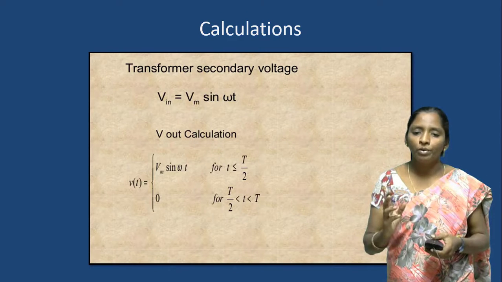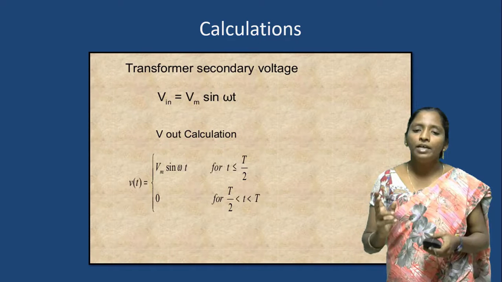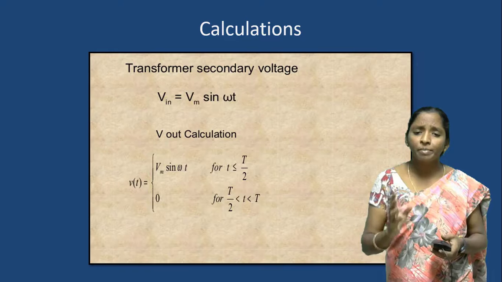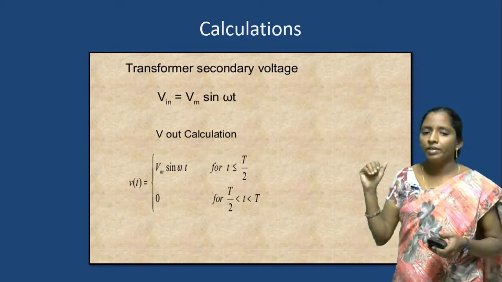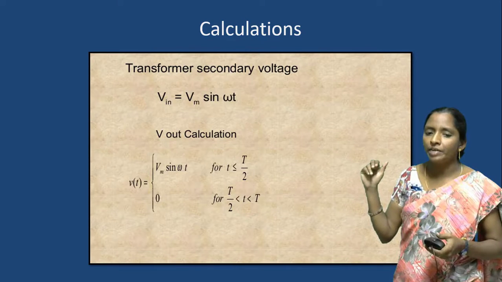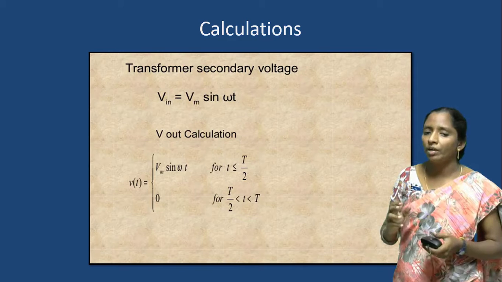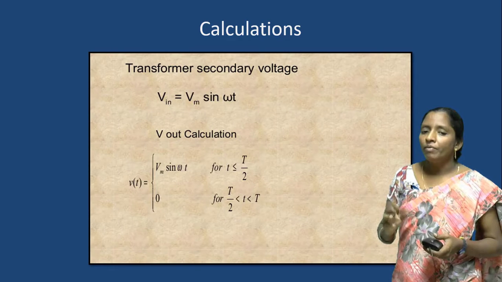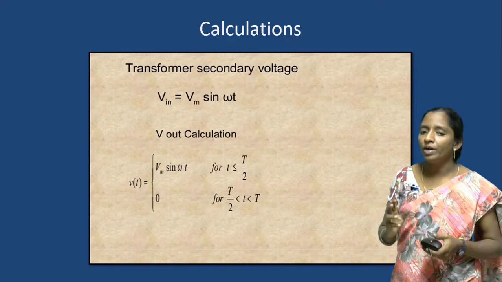From T by 2 to T, the output is 0. That is represented in the equation: V of t equal to Vm sin omega t for t less than or equal to T by 2, and V of t equal to 0 for t between T by 2 and T.